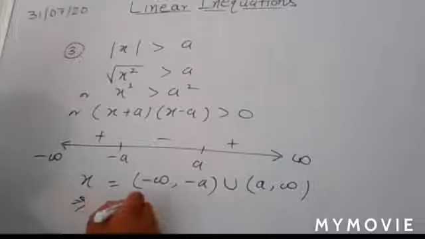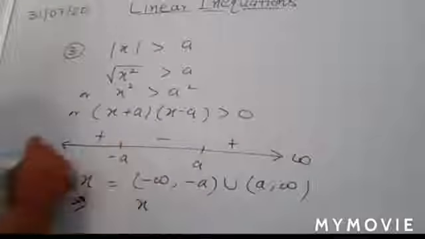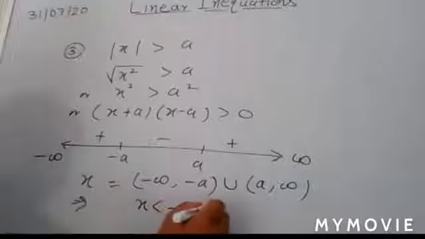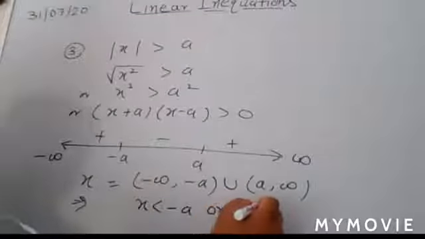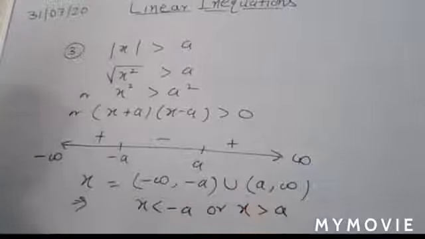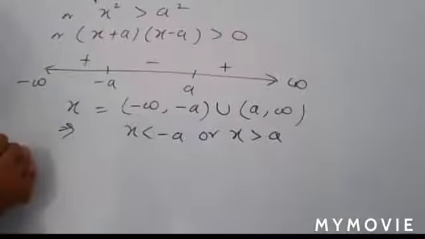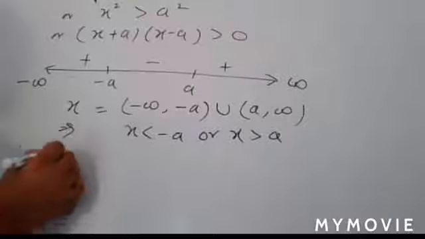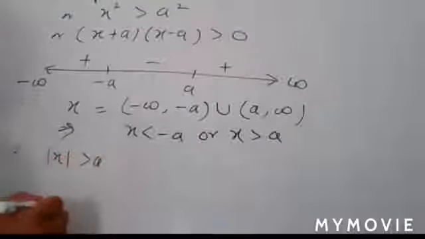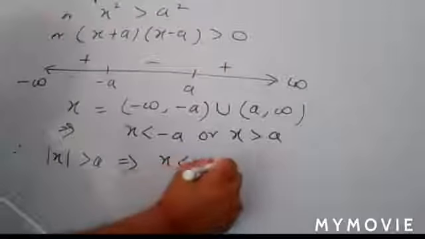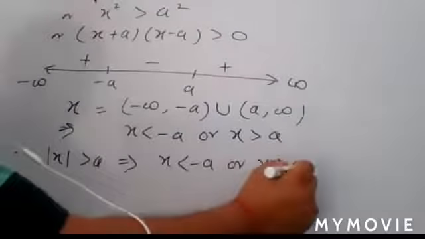So this implies x is less than minus a, or x is greater than a. So finally you have, if mod of x is greater than a, so this implies x is less than minus a, or x is greater than a.